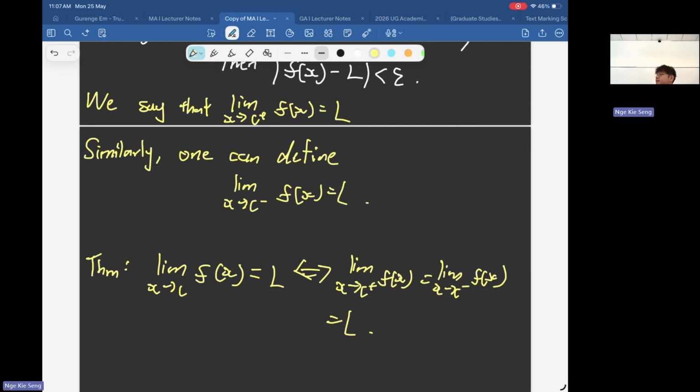Okay, I mean, one side should be easy, right? One way of the proof. What do you think? Which way is easier? Left to right easier or right to left easier? Left to right. Why?